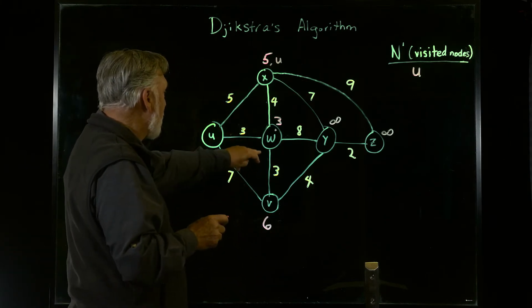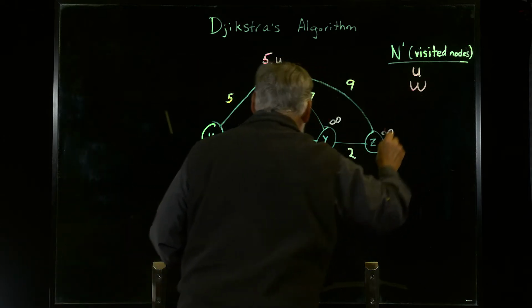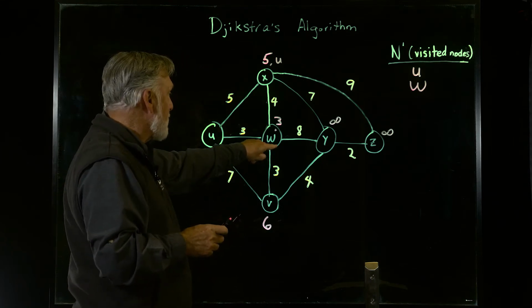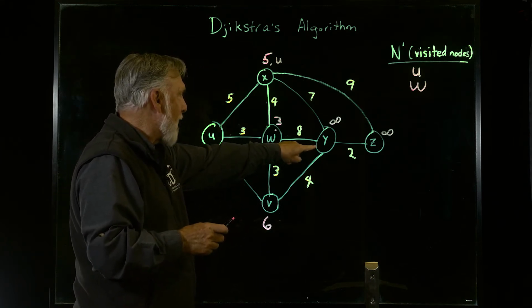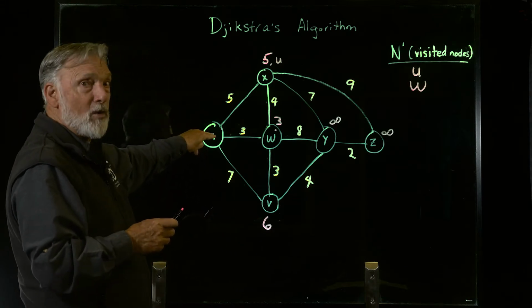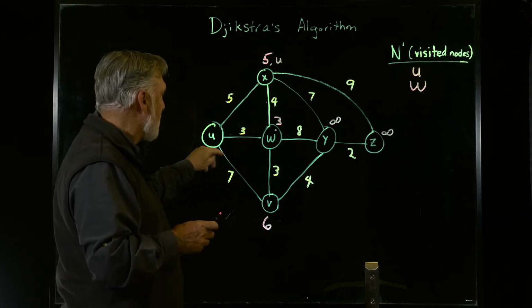And we'll mark down that we visited W, but we still have a little bit more work to do with W, because W is connected to Y. As we see, the cost of going from U to Y through W is now 11.